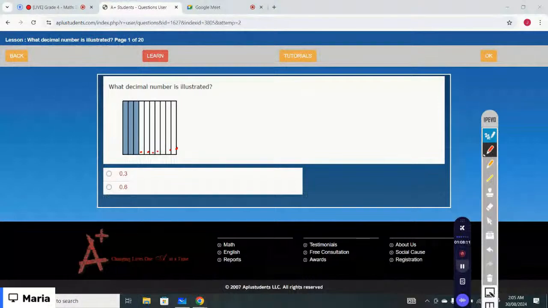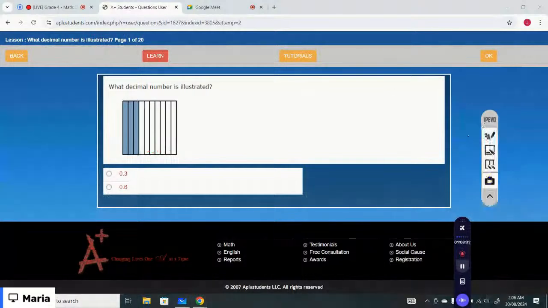That is 3/10, right? So option number 1 is the correct option. You can write it as 0.3. Got it?